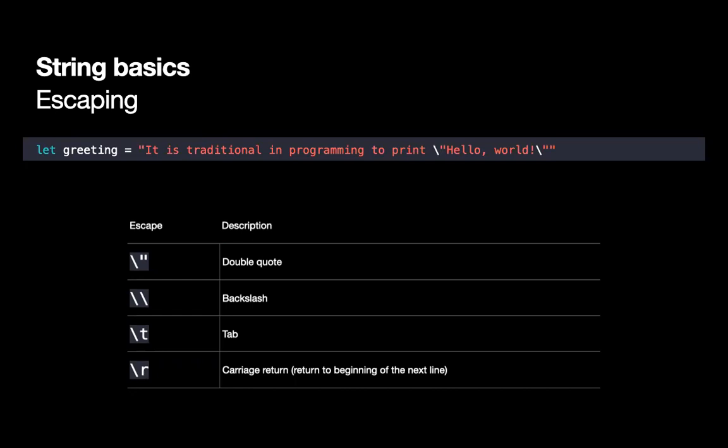We have escape characters for the double quote, the backslash character, the tab character, and the carriage return, which we use to return to the beginning of the next line. So these are the basic string symbols or characters which we can use when defining strings.